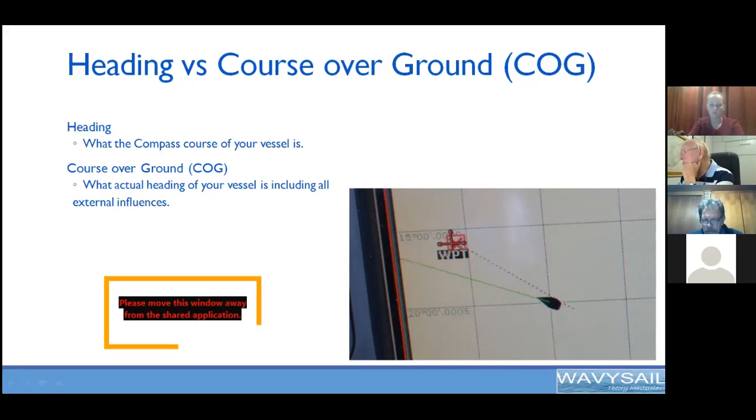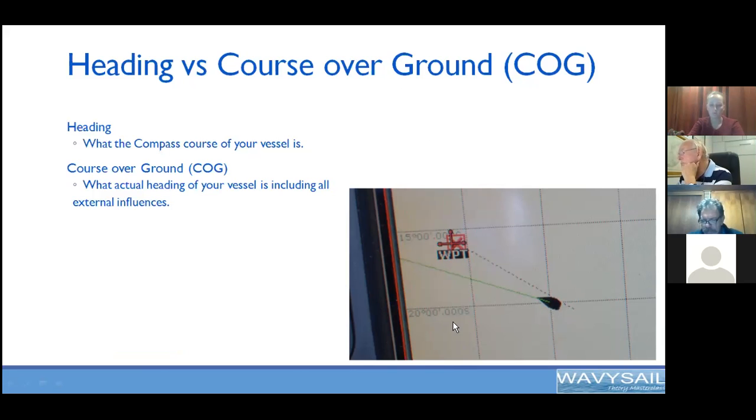All those external influences on your boat are now included in your course over ground, where your vessel is actually going. So, for example, if you're crossing a river, you might be pointing upriver and going sideways across the river with the current. Your heading is where your boat is pointing upriver, but your course over ground is the sideways movement across the river.